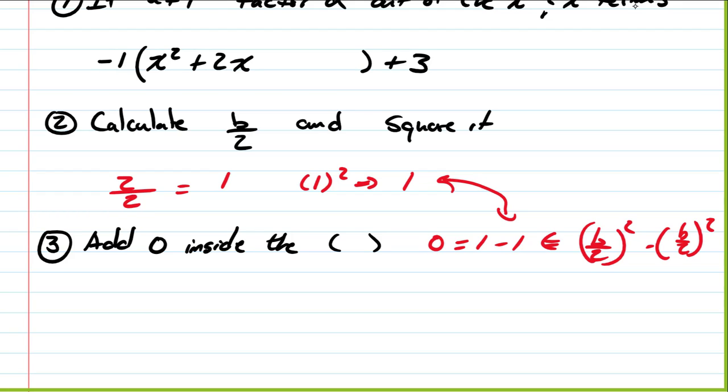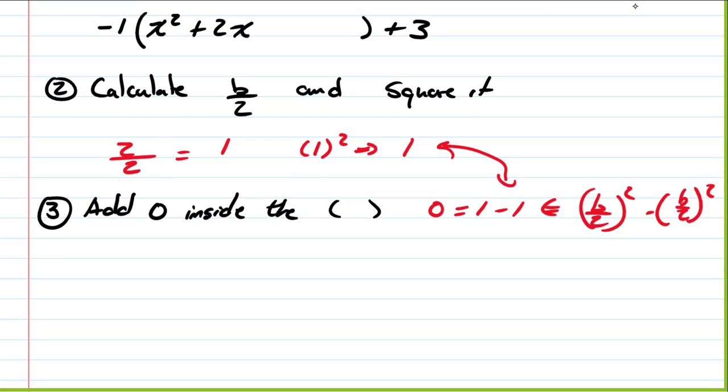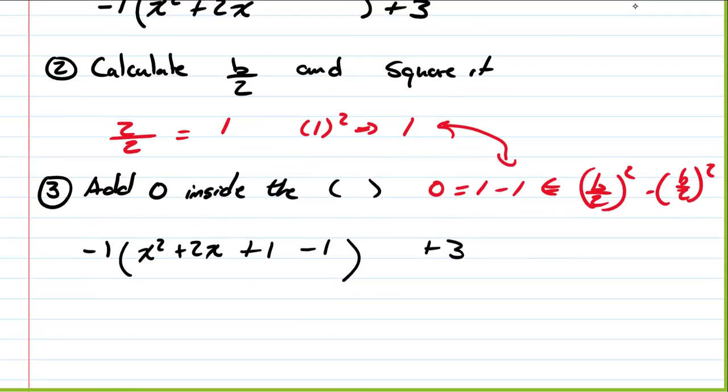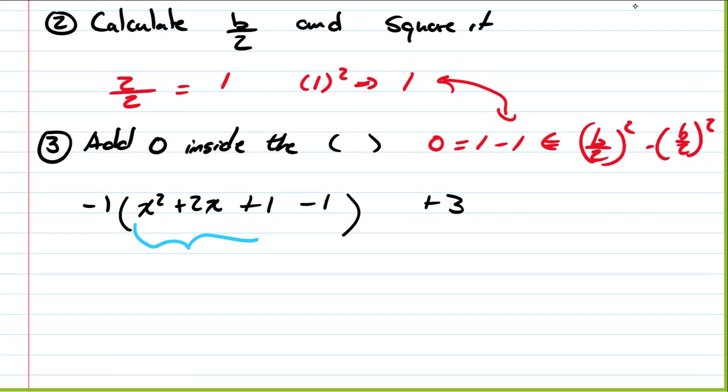Well, the reason we have to do it in the form of 0 is that 0 is the only thing you can add to something that doesn't change it, right? So if I add 0 inside my parentheses now, I'm going to have x squared plus 2x, and then I'm going to have plus 1 minus 1, and then on the outside I have 3. This will always create a perfect square trinomial.